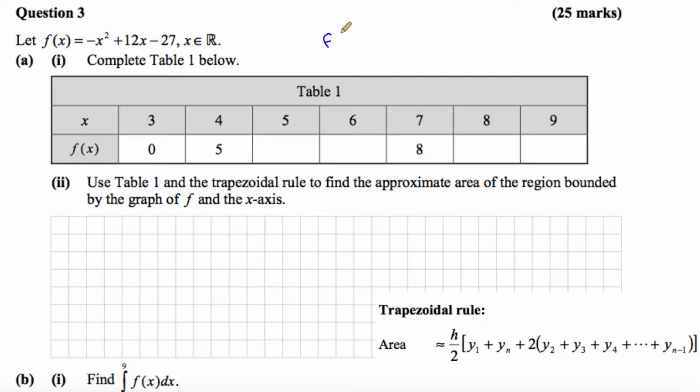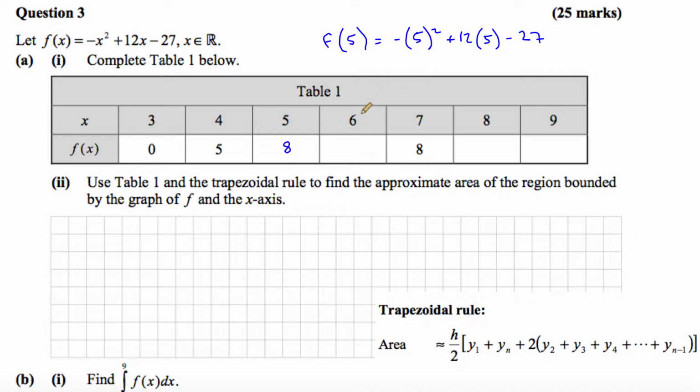You can use the table function if you like, or you can do each value individually. But just to be clear here, I'm finding f of 5 for the first one is equal to minus 5 squared plus 12 bracket 5 minus 27. And when I put all of this into my calculator, I get a value of 8.